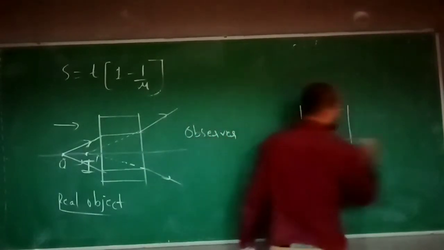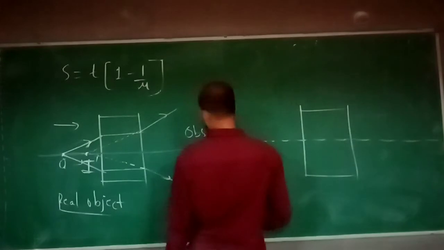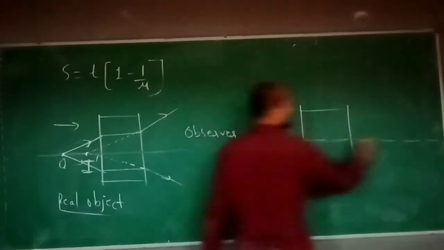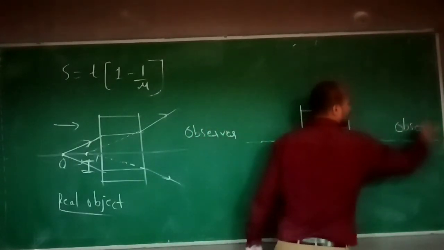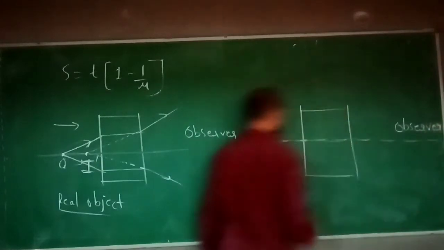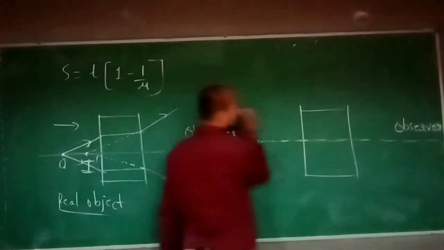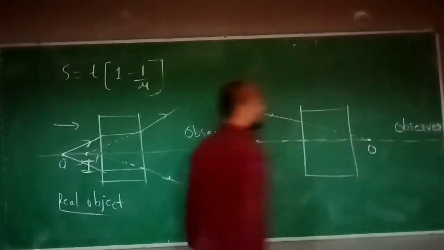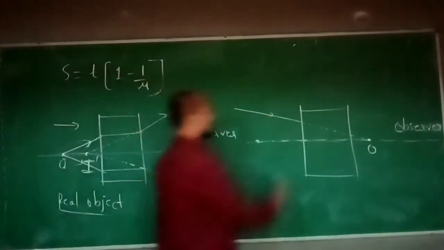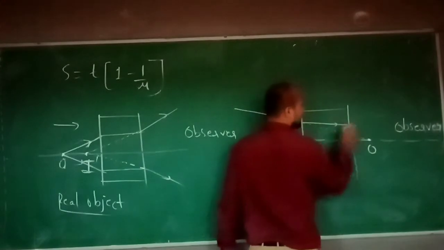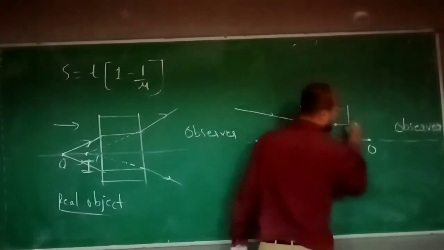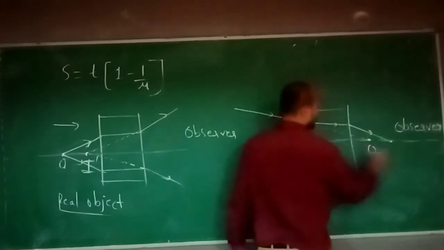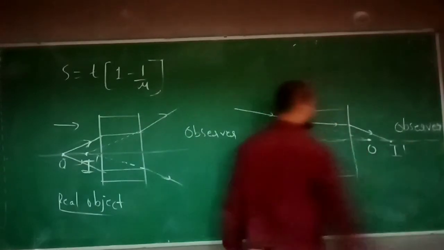Even for the second case also, correct now? If you take one object, here the observer is there, think that this is a virtual object. After refraction, it will go like this, again it is going to bend like this, such that the final image is formed.